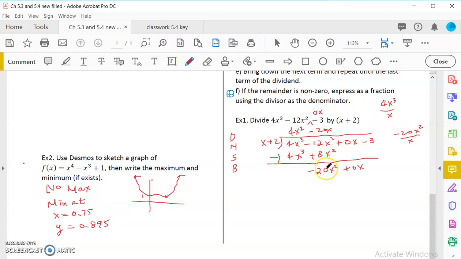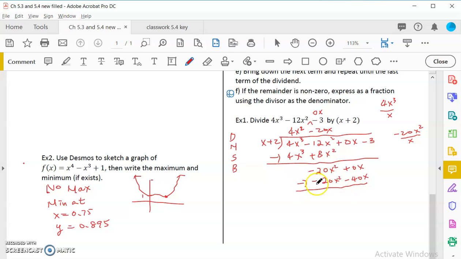Divide, multiply. Negative 20x times x plus 2 will be negative 20x squared minus 40x. And it is a subtraction.